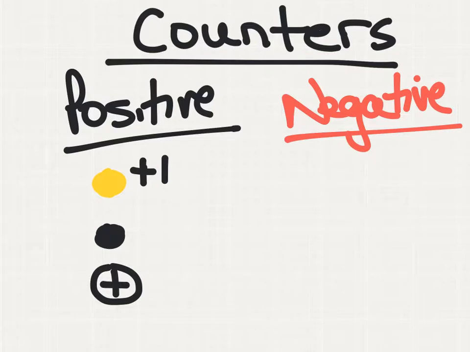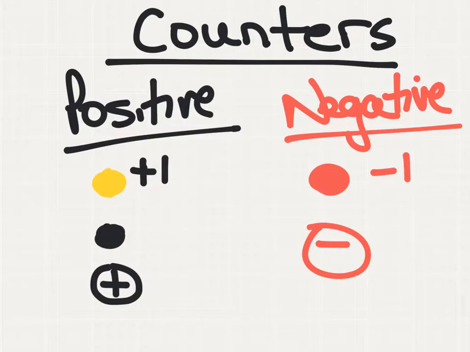All three of these represent the same thing, positive 1. For negative integers, you'll normally see a red circle to represent negative 1. But you might also see a negative symbol in a circle, and it would represent exactly the same thing, negative 1.